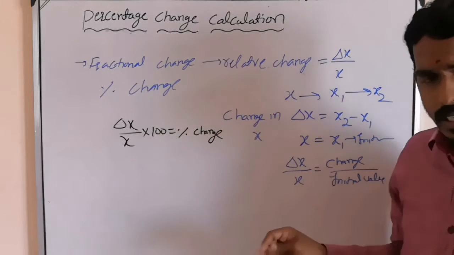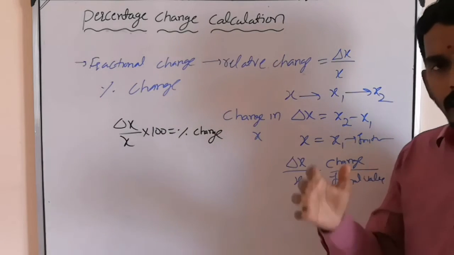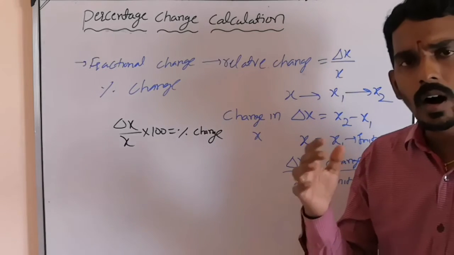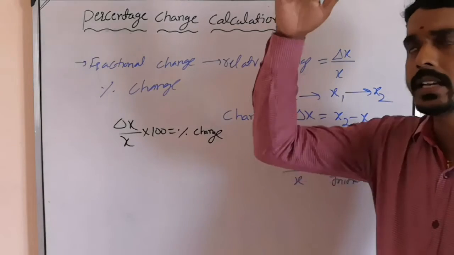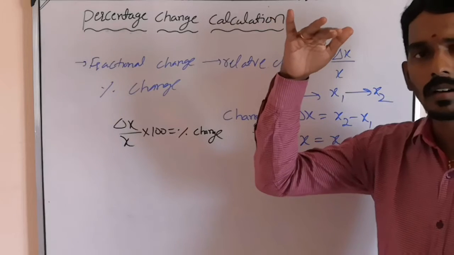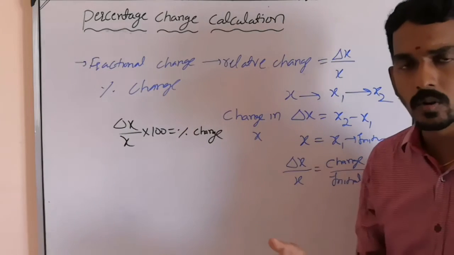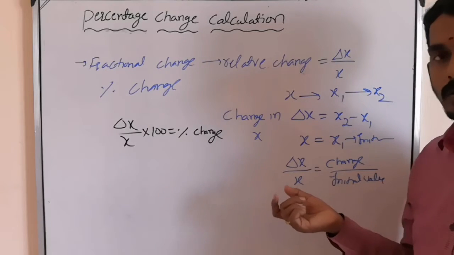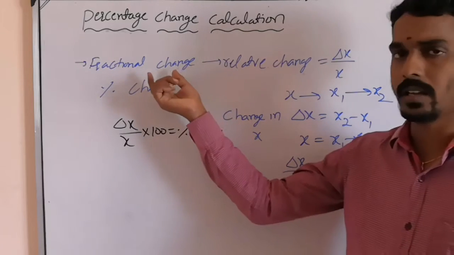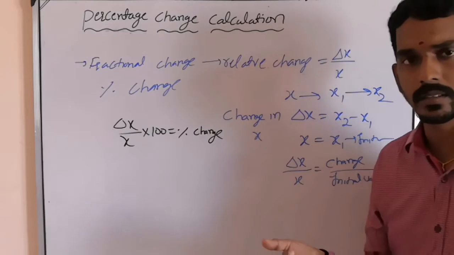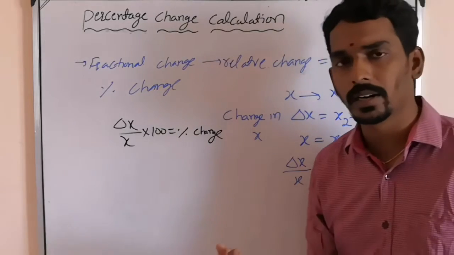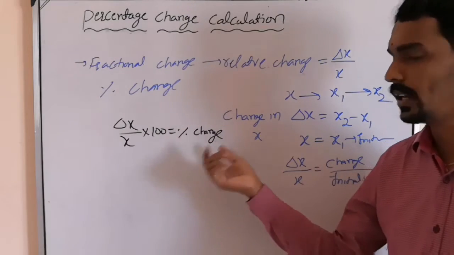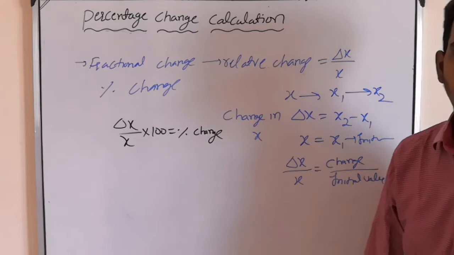But one thing is clear: when the value of a quantity increases or decreases by some amount, change by initial value we call fractional or relative change, and if you multiply with 100, you will get percentage change.